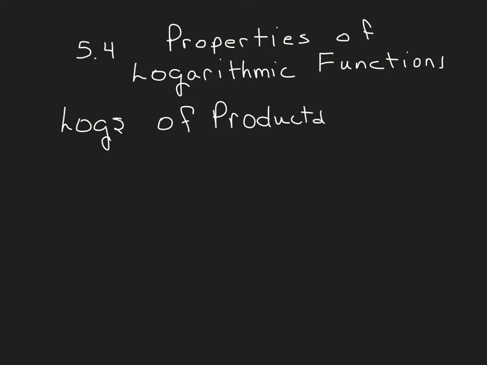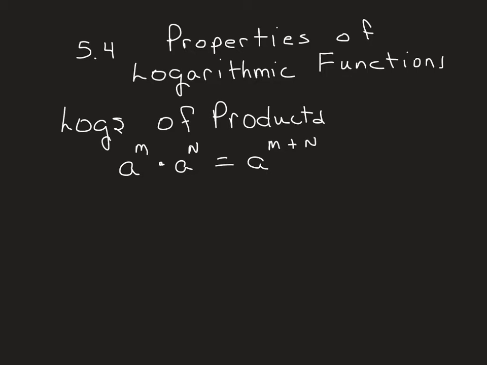Okay, now remember that when we first defined a logarithm, we said that a logarithm is an exponent. So we're going to use the properties of exponents to help us in finding the properties for logarithms. And remember that if we have the same base, if we have a to the m times a to the n, and we want to simplify that, we simply add the exponents.